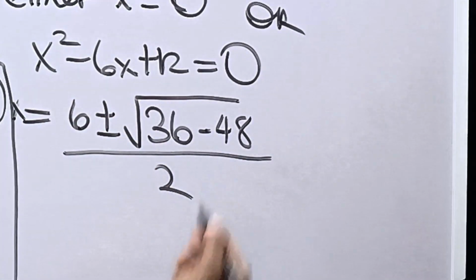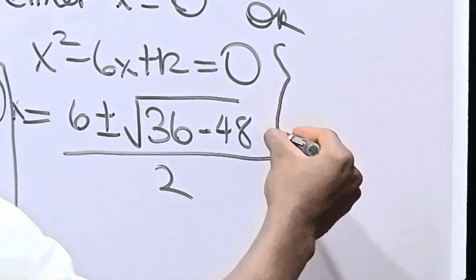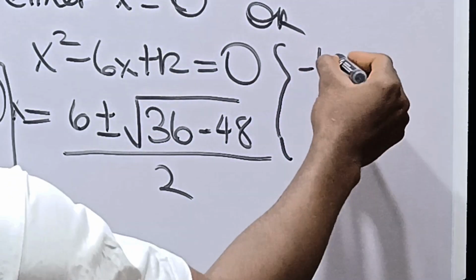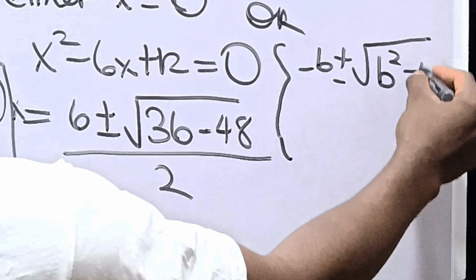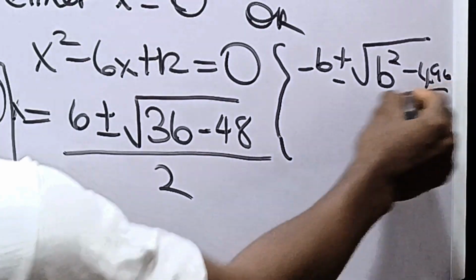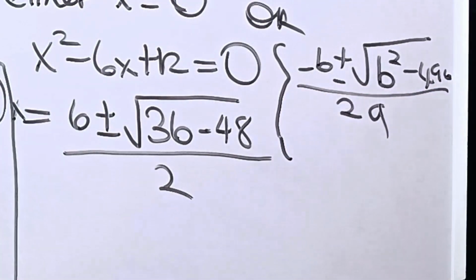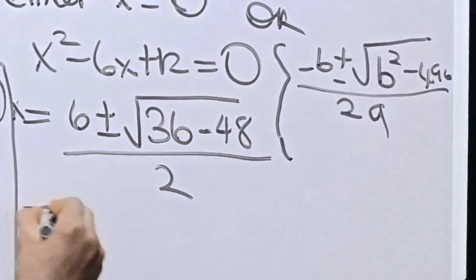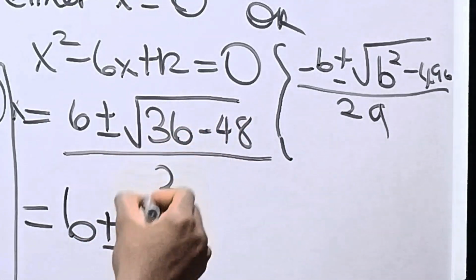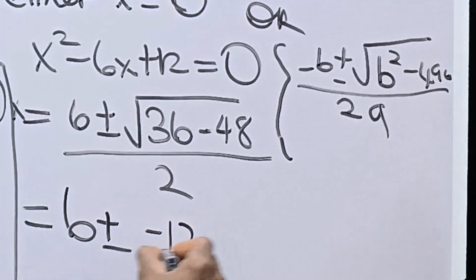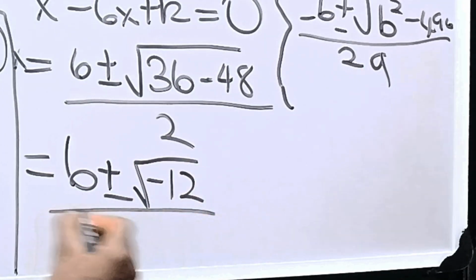So the quadratic formula states that x here will be equal to −b plus or minus the square root of b^2 − 4ac, all over 2a. Okay, this is the quadratic formula that we're using. Now from here we have that this is now equal to 6 plus or minus the square root of 36 − 48, which is negative 12, all over 2.